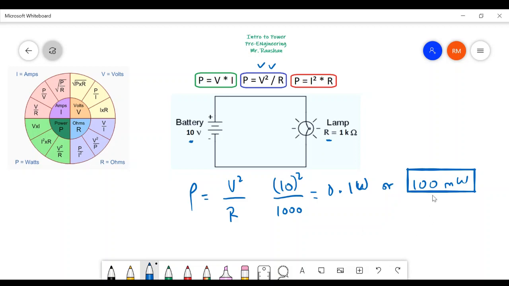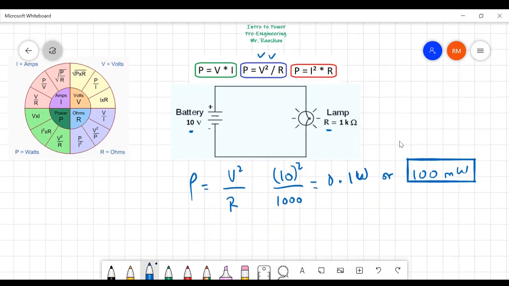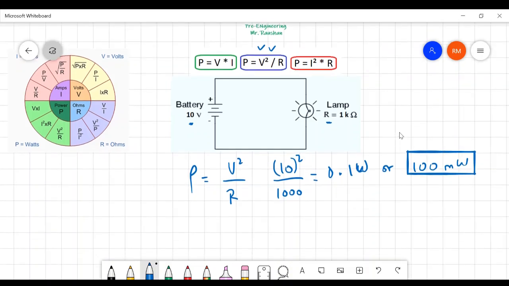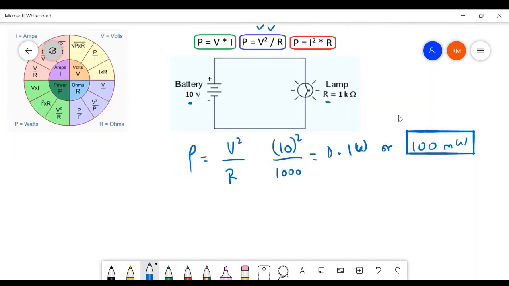But let's analyze this a little further. What happens if you double your voltage? Now check this out. You're probably not thinking much about it now, but when you have to pay the electric bill, doubling the voltage dramatically changes the power consumption in your home.